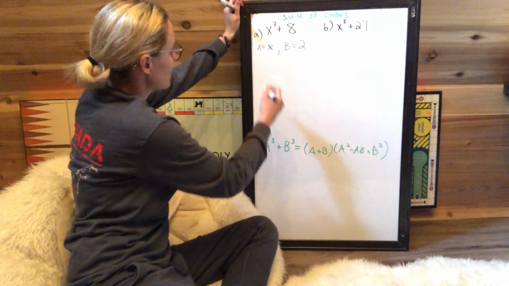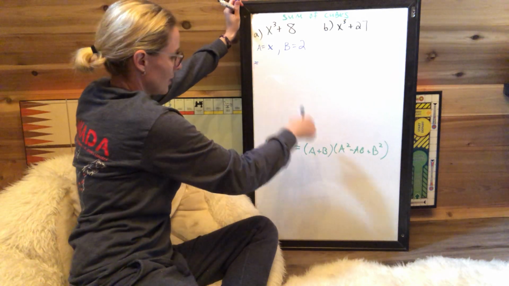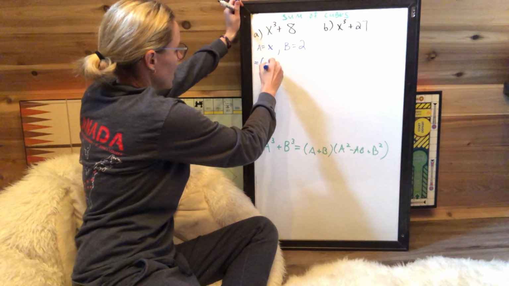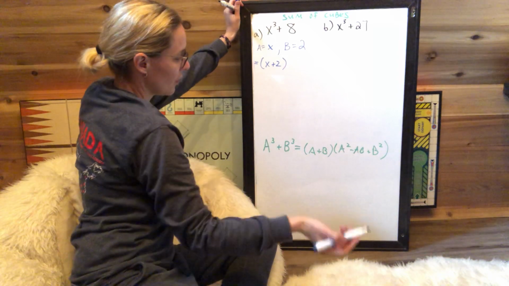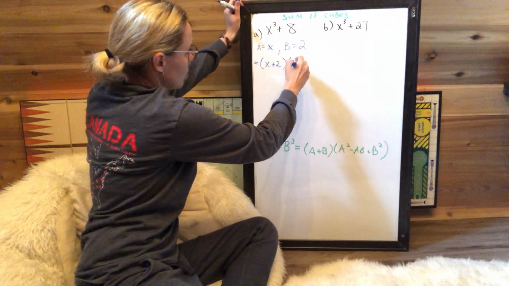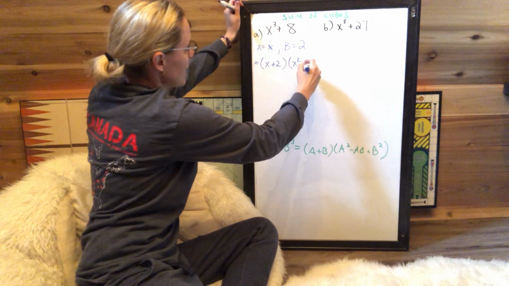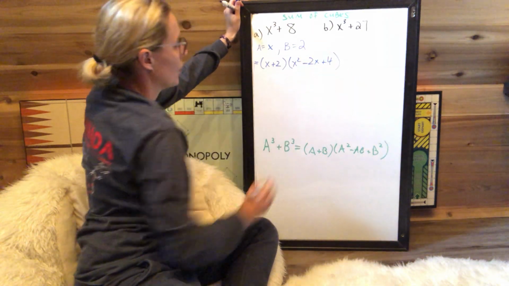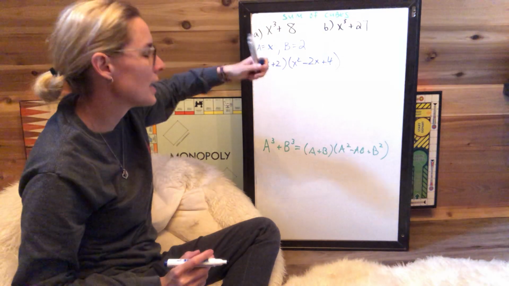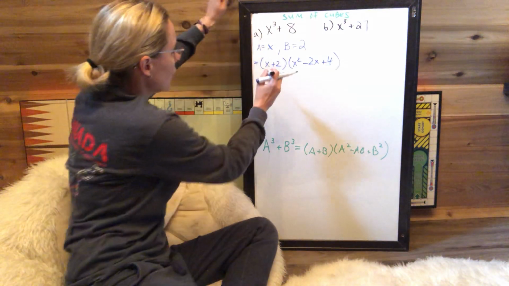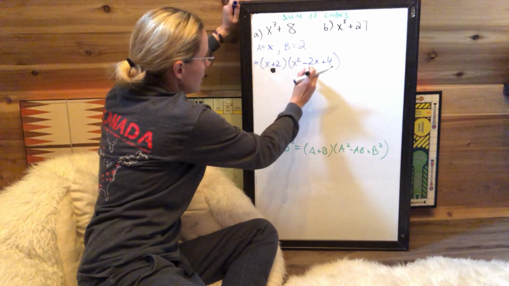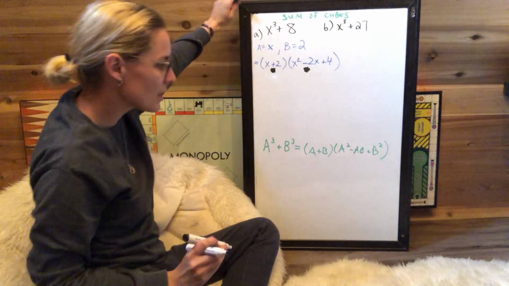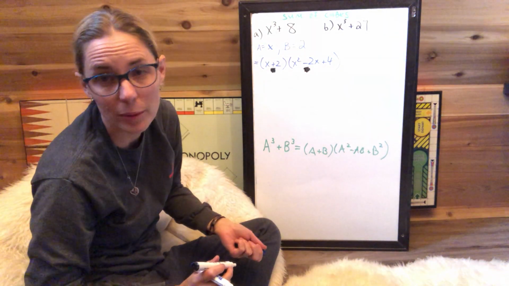When I substitute it into this, I get a plus b, x plus 2. And on this side, I get x squared, a squared, minus 2x plus 4. Similar yet different. The differences are this sign and this sign. Otherwise, they're the exact same general formula.